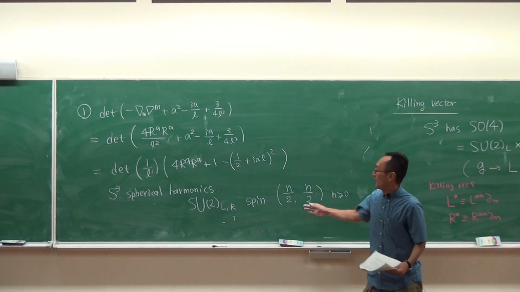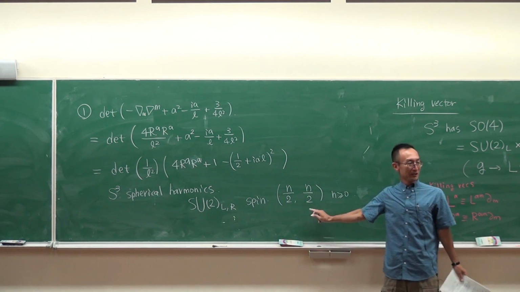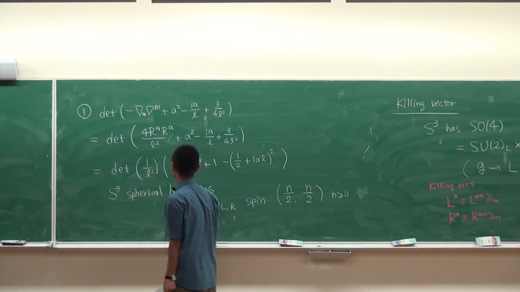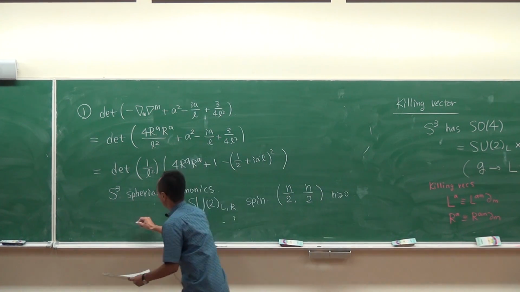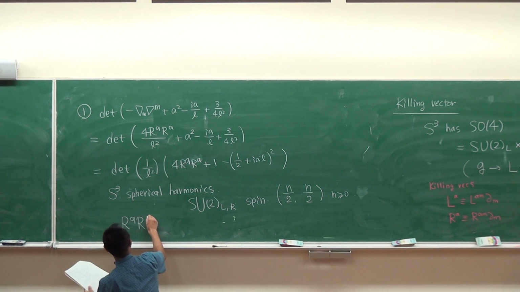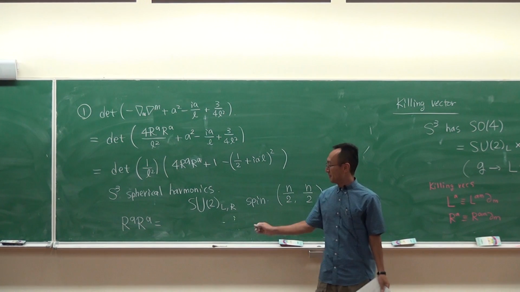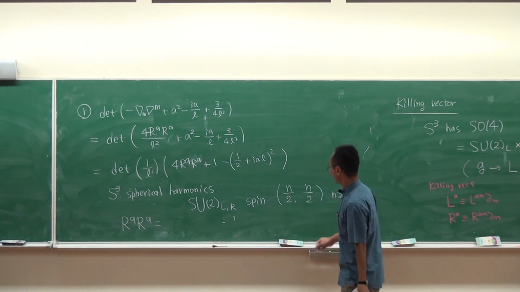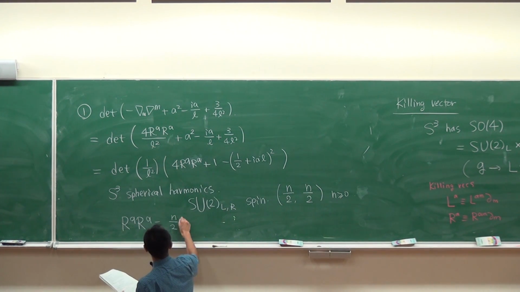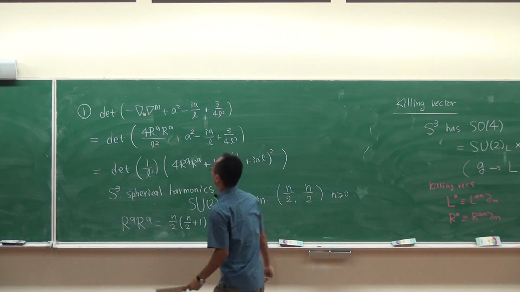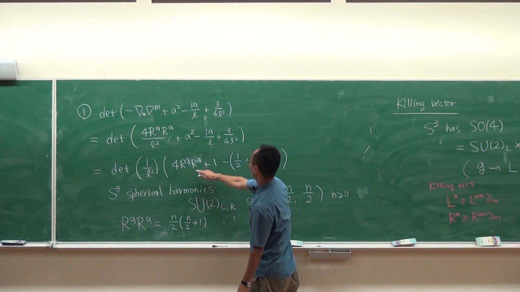So if you have a spherical harmonic which falls into the representation of SU(2) left and right with these quantum numbers, then you can immediately compute this eigenvalue. R_A is just a square of the spin. So usually it is J times J plus 1, but since J is n over 2, you have this. Then all you have to do is to just insert this here.